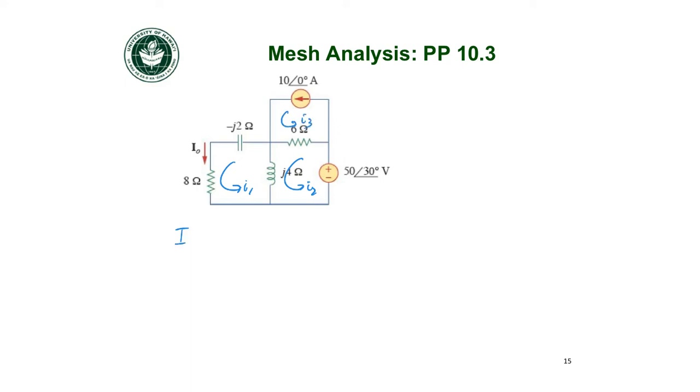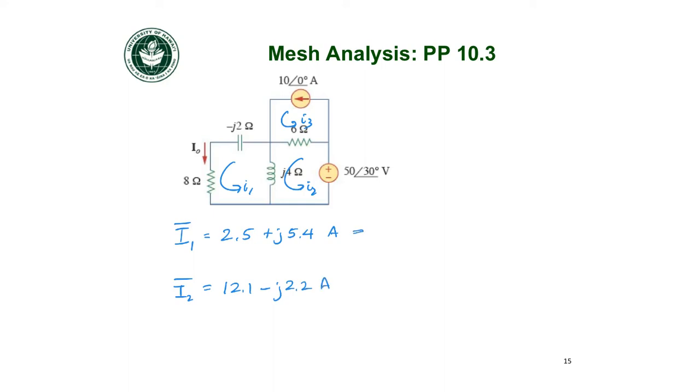We'll be left with a complex number form for I1, which is going to be 2.5 plus J5.4 amps, and I2 is going to be 12.1 minus J2.2 amps.